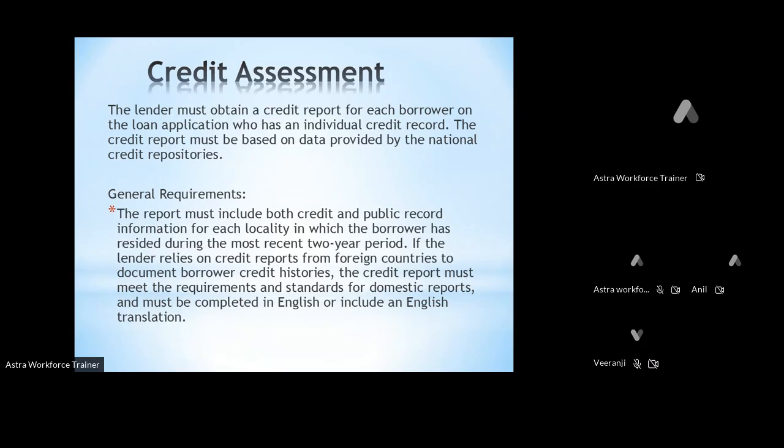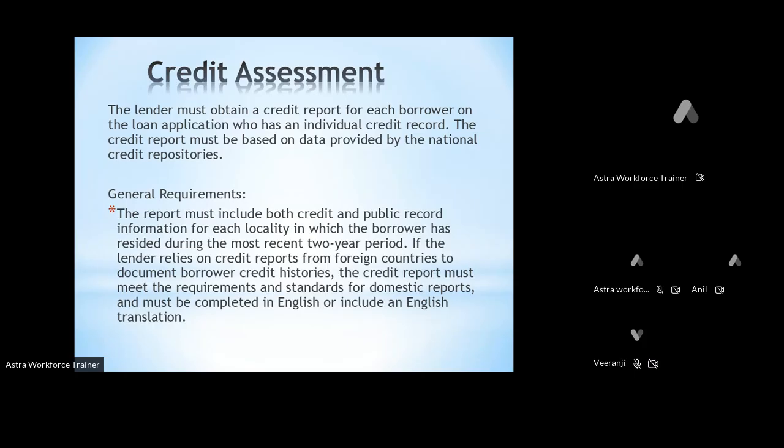The report must include both credit and the public records information. The credit part is what loans the borrower has, whether it is a personal loan, a motor loan, or a student loan. That has to be mentioned in the credit report. Also, public record.